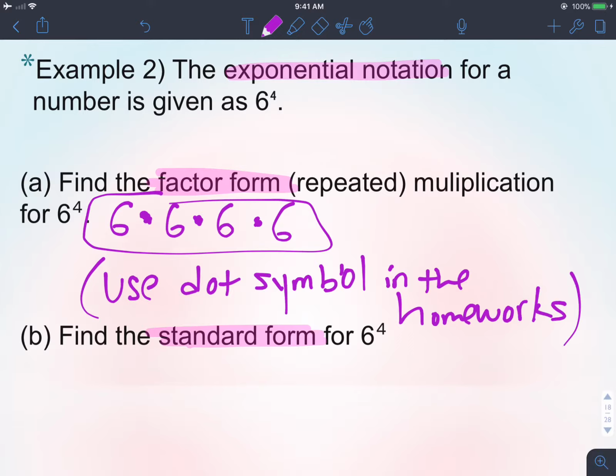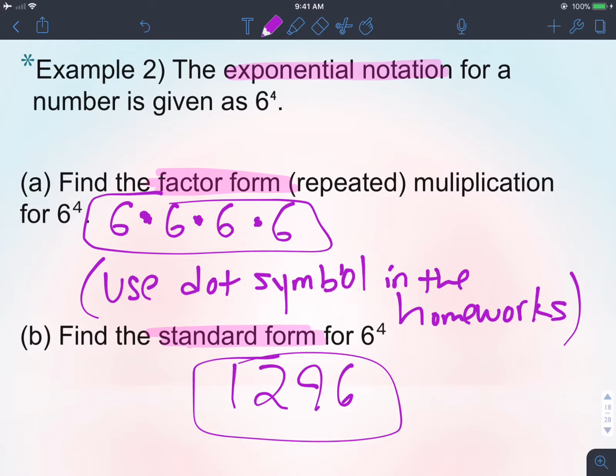And then standard form, 6 to the fourth. 1296. Just multiply it out. Questions about exponential notation, factor, or repeated form, standard form? Okay.